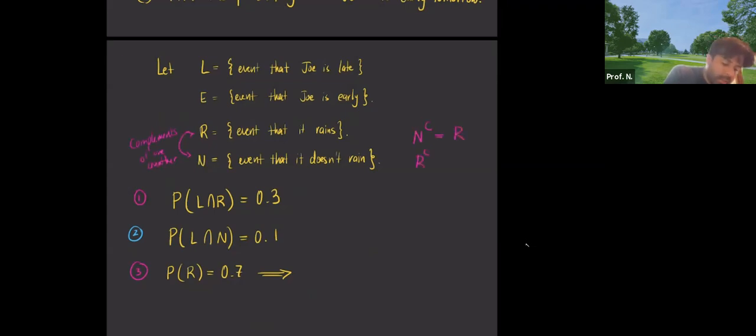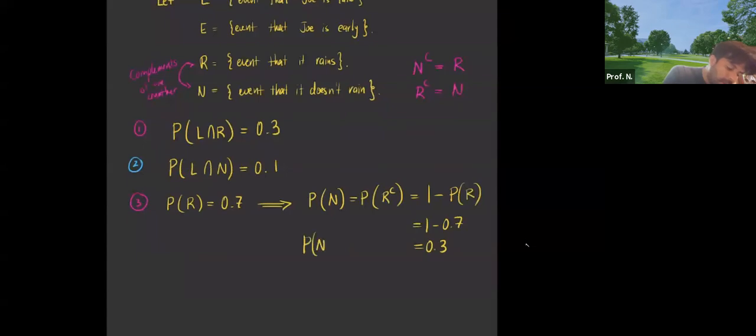And the complement of R, that it rains, is that it doesn't rain. And what we know is that the probability of N is equal to the probability of R complement, which is equal to 1 minus the probability of R, which is 1 minus 0.7, which is 0.3. Okay, so that's important information.